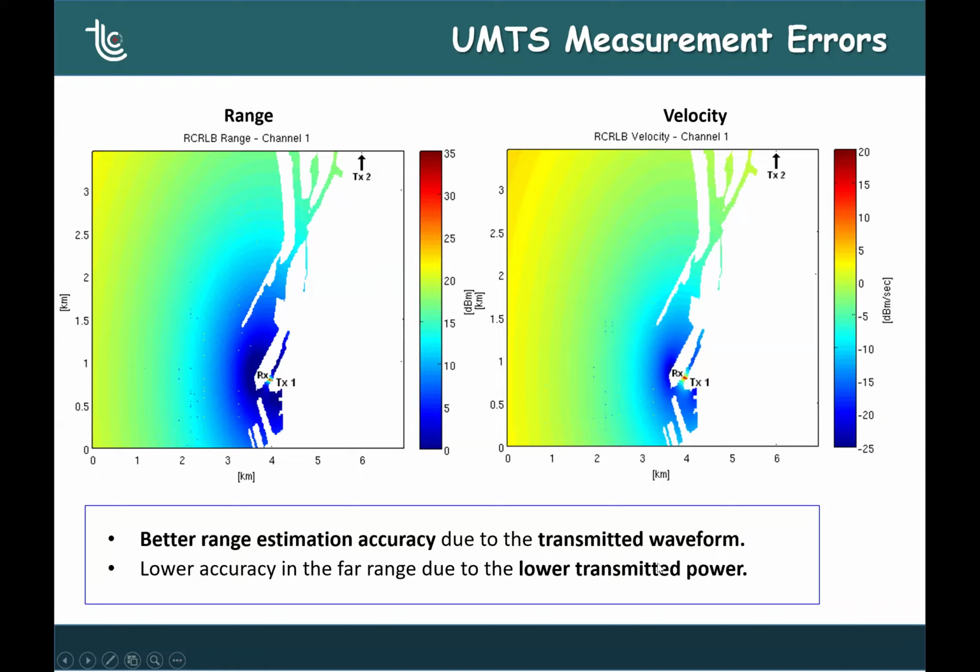Of course, we do not have a good estimation when we are far away from the receiver and the transmitter because we have a low signal to noise ratio. Remember that we have a high signal to noise ratio when either the target is close to the receiver or it is close to the transmitter. Here we are analyzing the performance of transmitter number one, so the UMTS.